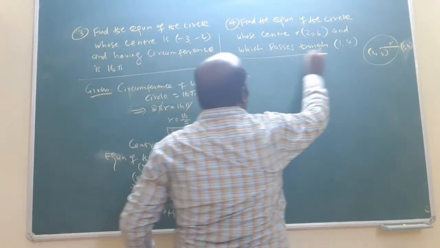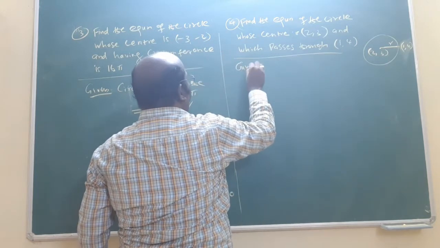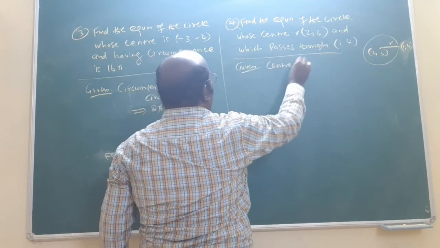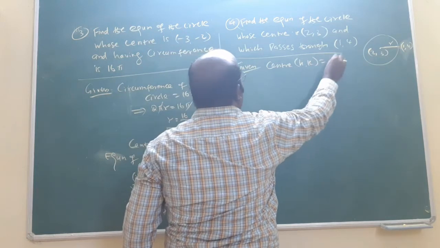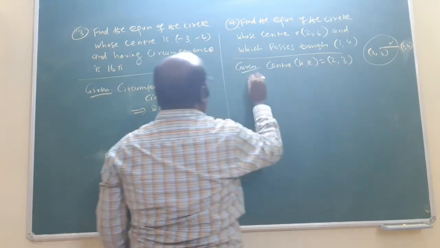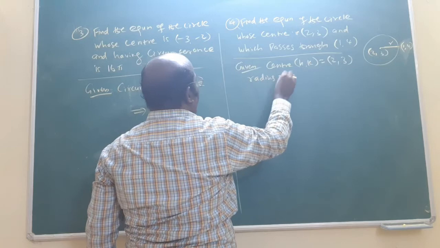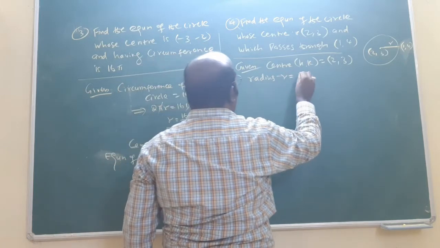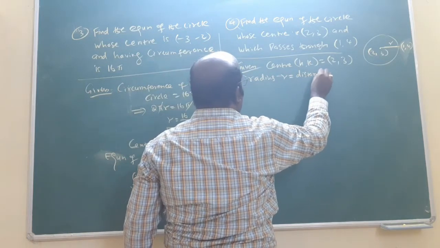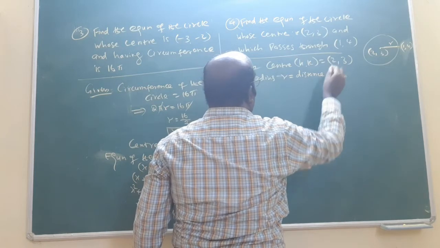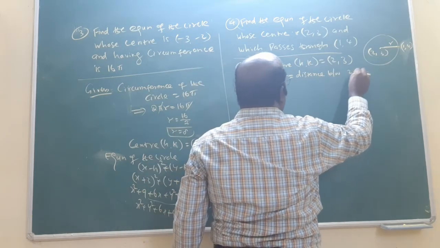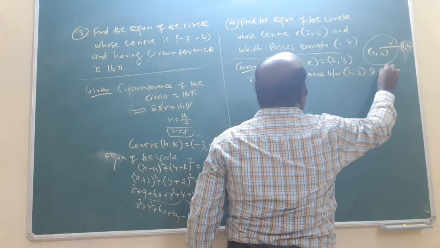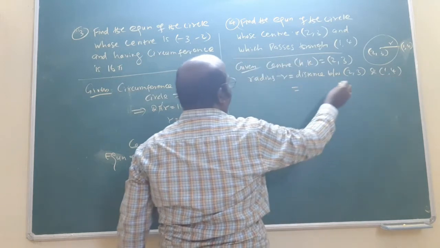Now what is given? Center h comma k is directly given, 2, 3. We want the radius. What is the formula? Distance between 2, 3 and 1, 4. What is the distance formula?